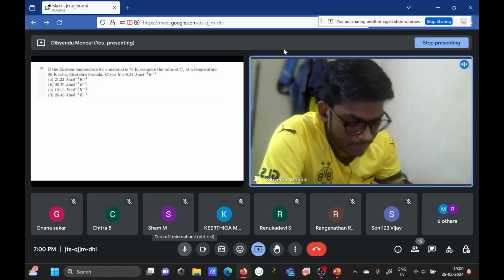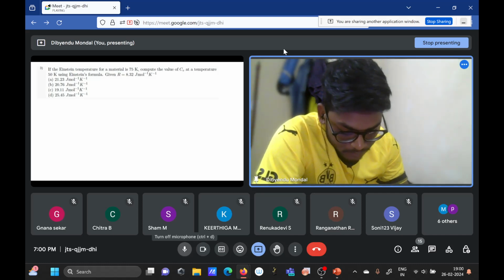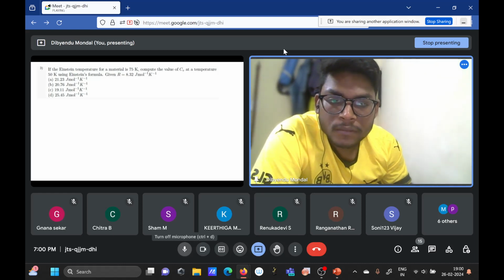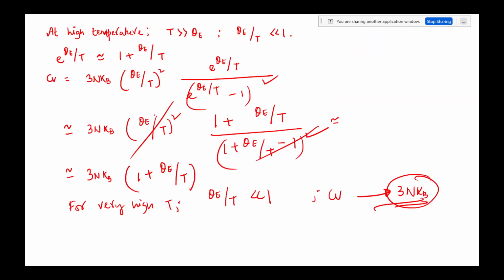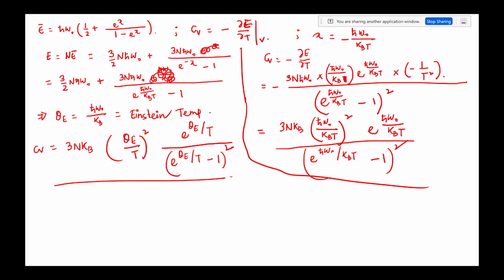I have calculated the formula, right? So in my case, it's coming out to be 3 N kB, but for Avogadro number of particles, this will be 3R times y squared e to the power y by e to the power y minus 1 whole squared, right?